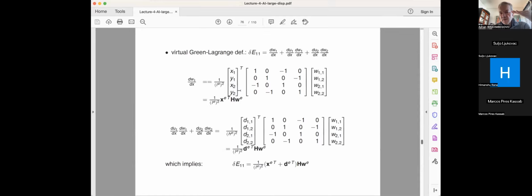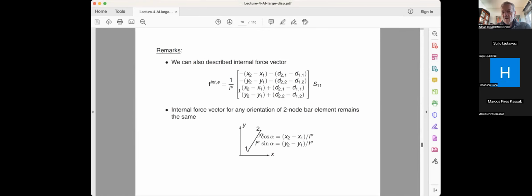And we studied the case where X's were along this axis, and X2 minus X1 was L, and Y1, Y2 were both 0. But I can take now a more general case and basically write it like this: 1/LE times minus X2 minus X1 minus D21 minus D11. And then for the second would be minus Y2 minus Y1 minus D22 minus D12. And the same thing will go there only positive for the two other components, times S11.